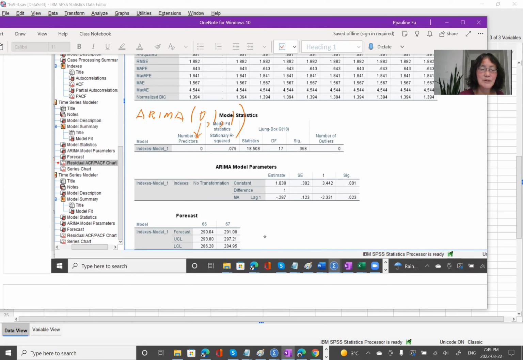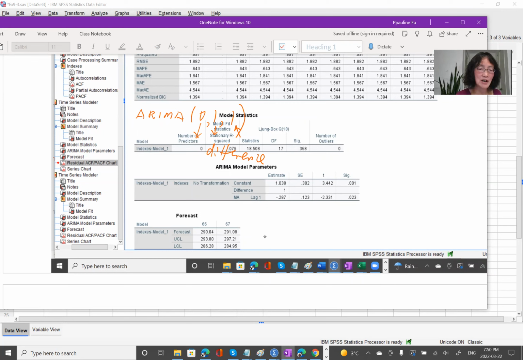The first 0 means no autoregression. The 1 in the middle means difference. The 1 at the end means moving average.